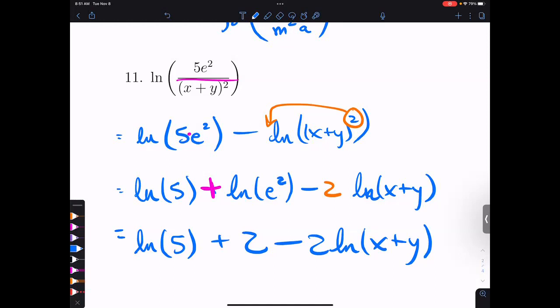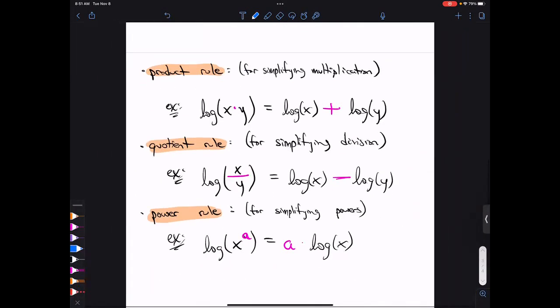No. The only things you can do are, because logs deal with multiplication, right? Logs are exponents. The only things you can do to break them up or simplify them are these 3 things. Logs play really nicely with multiplication and division and exponents because multiplication, division, and exponents are all really the same thing. Logs do not play nicely with addition and subtraction.